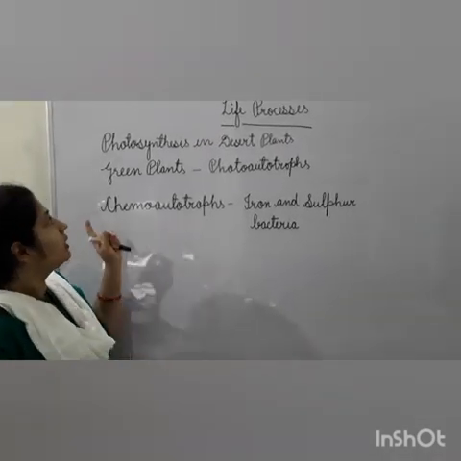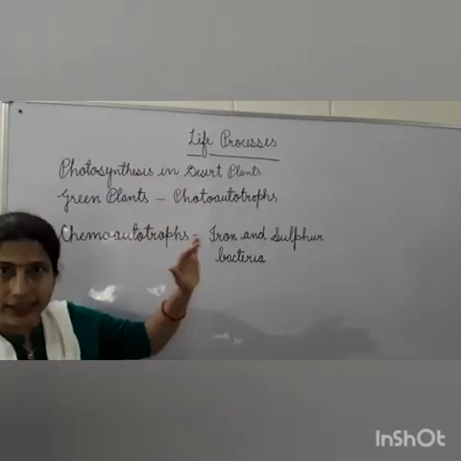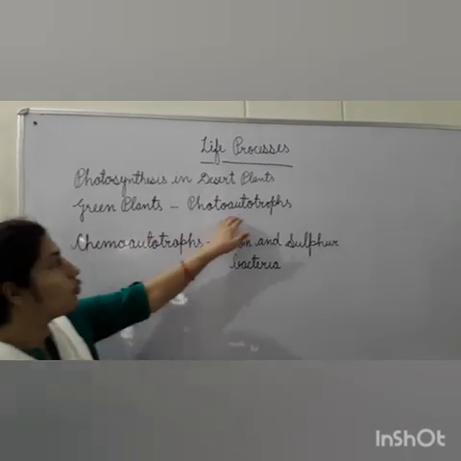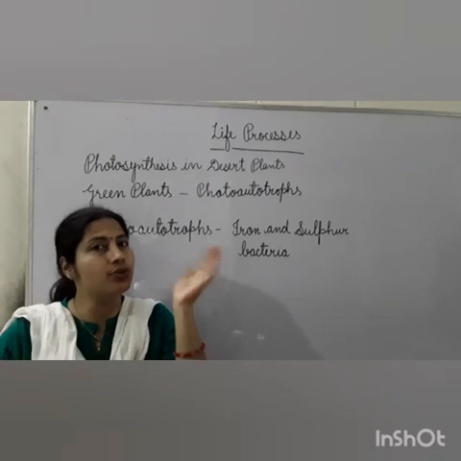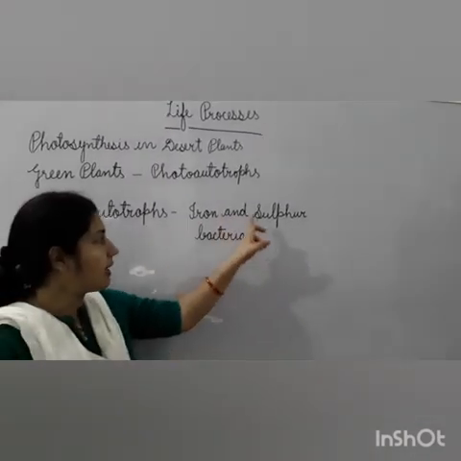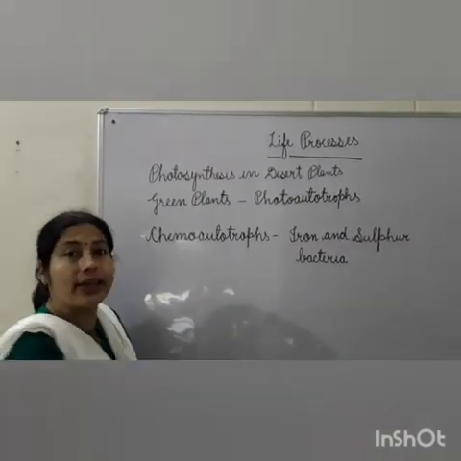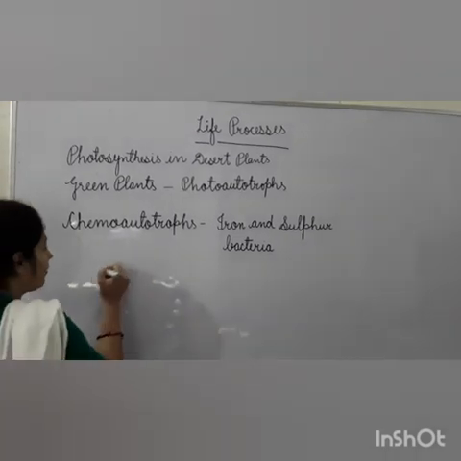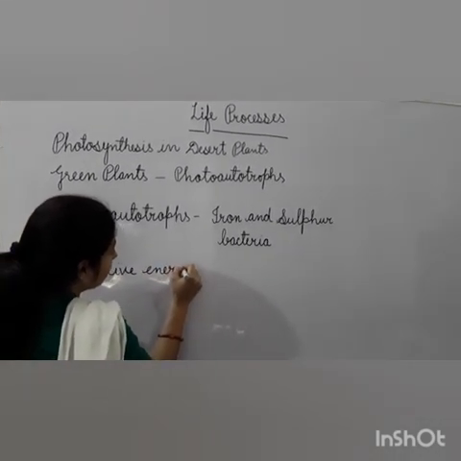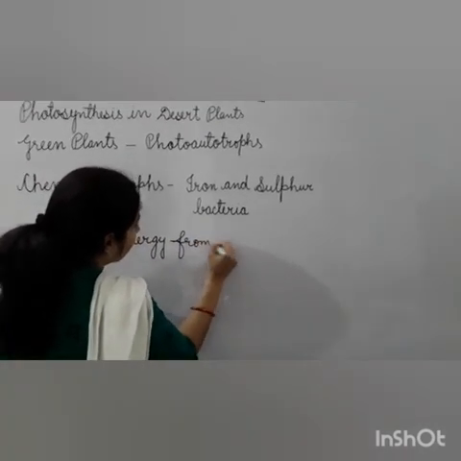So children, now I would like to tell you that all green plants, including desert plants, have chlorophyll in them. They are photoautotrophs because they harness solar energy. And there are some iron and sulfur bacteria which derive energy from chemicals.